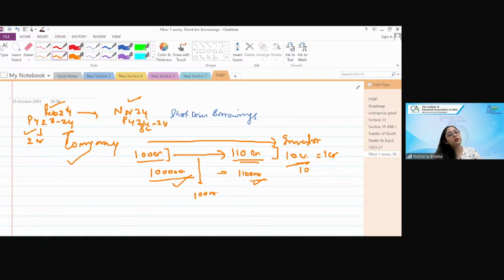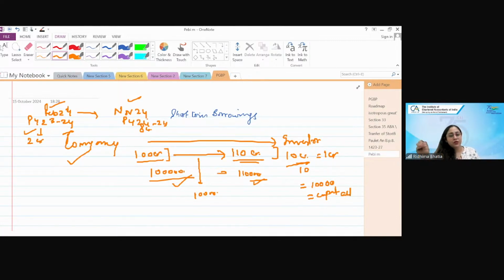This story ends here from the perspective of the company, from the perspective of PGBP. For the investor, my friends, whatever this extra 10,000 per bond they are receiving because it is being redeemed at par is directly a capital gain income, because redemption of zero coupon bonds, which you will study when you do capital gain, is not interest. It is not interest.